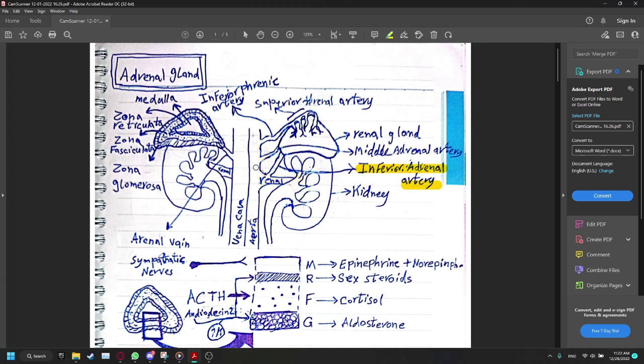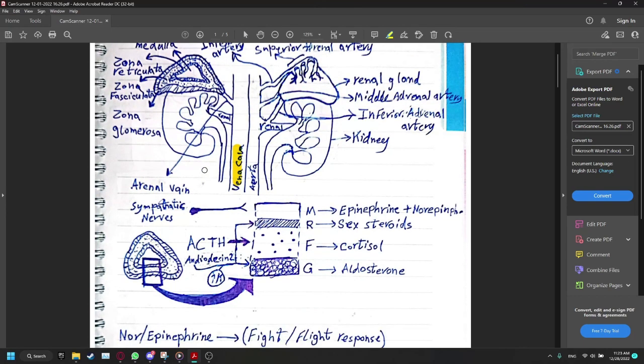The middle adrenal artery comes from the abdominal aorta, and the superior adrenal artery is a branch of the inferior phrenic artery, or whatever it's called." Sorry if I pronounce some stuff wrong. I'm going to try my best because I'm not an English person. But anyway, that's basically it for the blood supply. For the vein, the adrenal vein is just a branch of the vena cava.